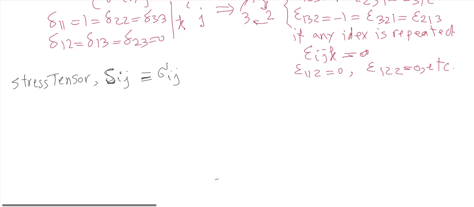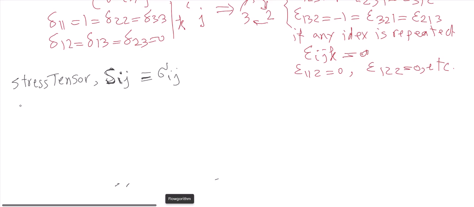This is a stress tensor, so it has 9 components, and we represent that by this. Now, how do I transform this? Basically, I would like to find the components in a rotated coordinate system. Let me do this with a vector, and then we go and do it with a tensor.